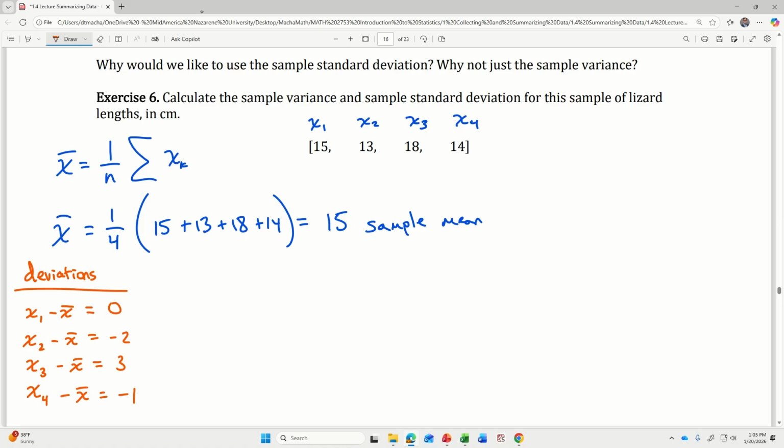What we are doing when I calculate the sample variance, which is supposed to be an S squared, is taking the sum of squared deviations divided by n minus 1. So let's take the squared deviations.